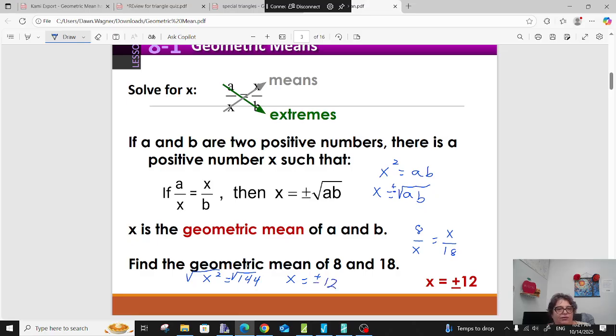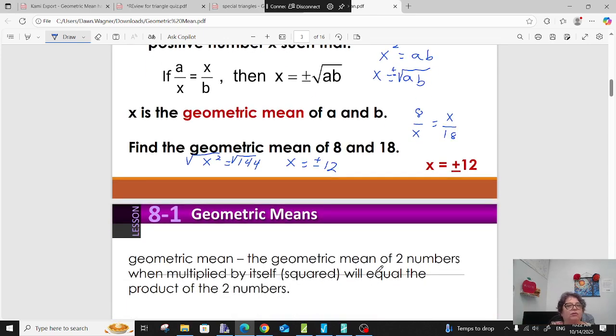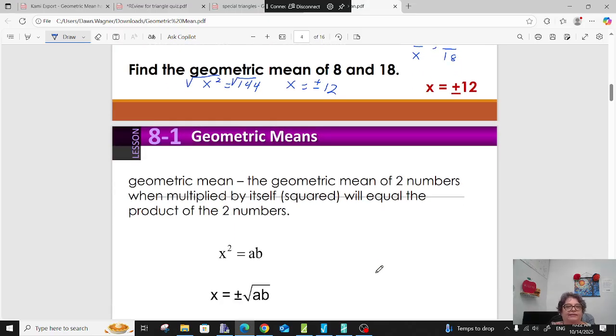So with geometric mean, we'd have two answers on a standardized test like the ASVAB. The military guys were out there. If you're going in the military, you would take the ASVAB test, or SATs, ACT, college entrance. But when we talk about triangles, we are going to only keep the positive number, right?